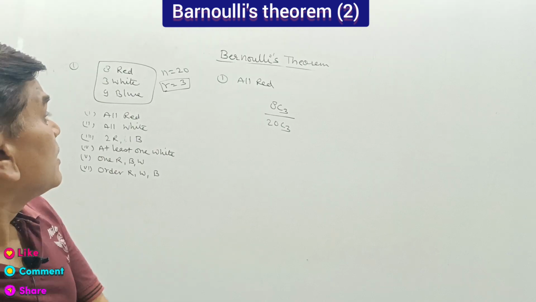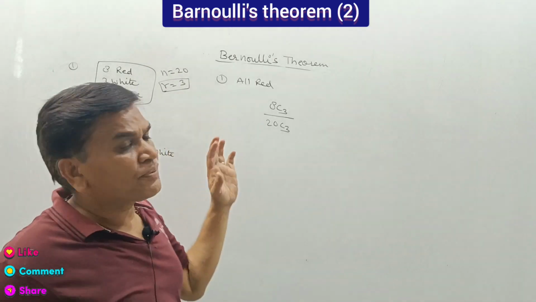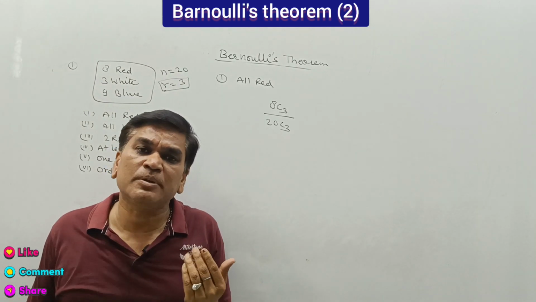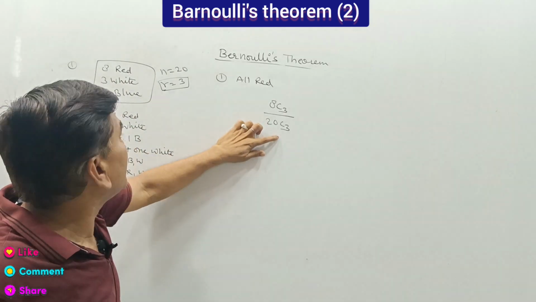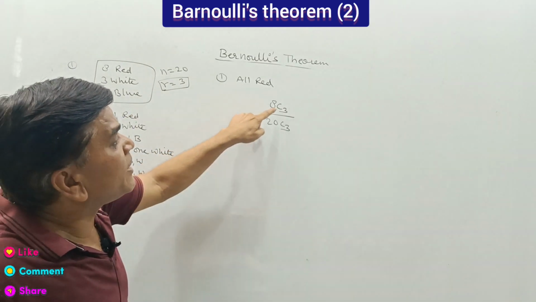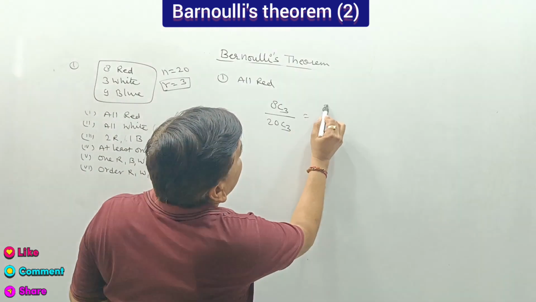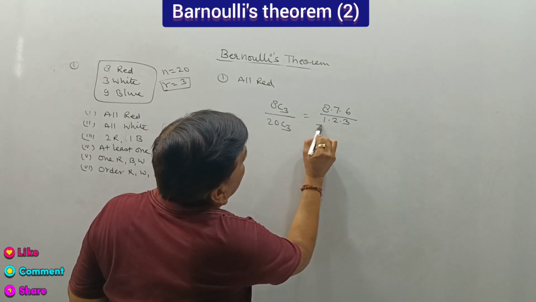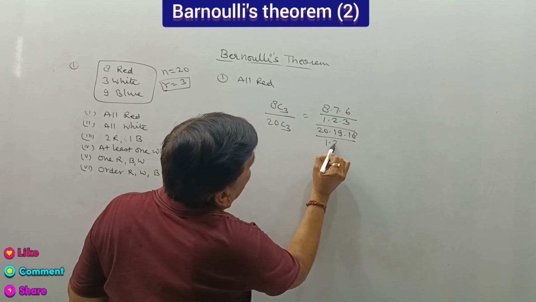The total number of balls is 20 and we are to collect 3 balls, so the total number of events is 20C3 and we calculate the probability of all red. So there will be 8C3 divided by 20C3, that is 8, 7, 6 divided by 1, 2, 3, divided by 20, 19, 18 divided by 1, 2, 3.